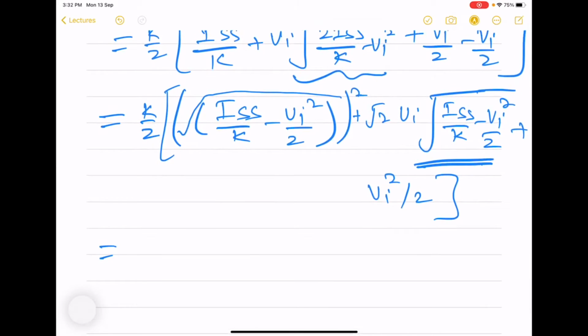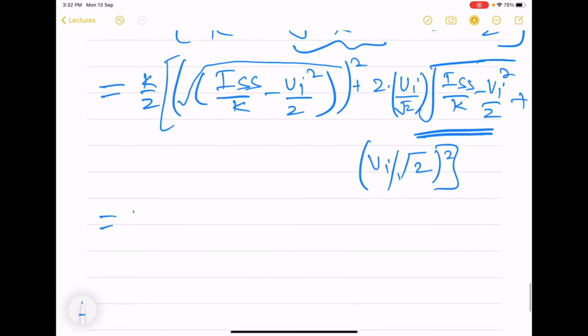And this factor square root 2 can be modified to write as 2 into 1 by square root 2. And this can be then altered like this. So now we see that this is basically a perfect square consisting of two terms.